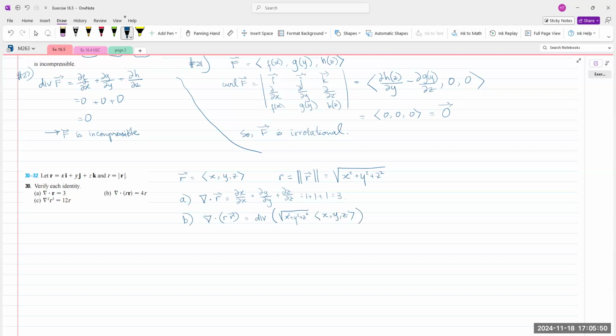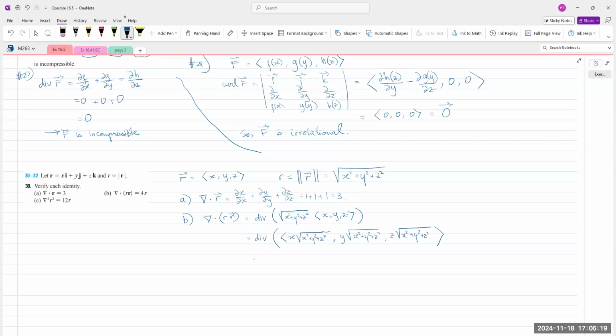So we need to find the divergence of this big vector: x times the square root of x² plus y² plus z² for the x component, y times the square root of x² plus y² plus z² for the y component, and z times the square root of x² plus y² plus z² for the third component.